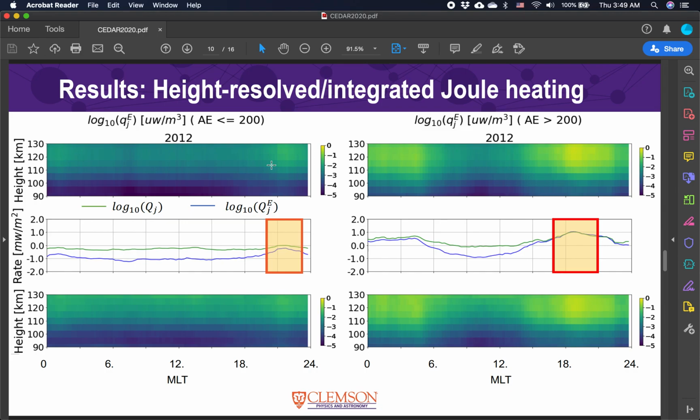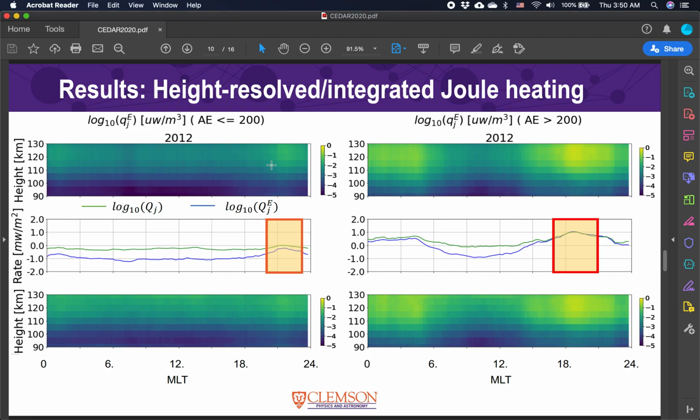Then on the right panel, we see that during the daytime, the local and total Joule heating are still very weak, but in the evening and the post-midnight sector, these two terms, the local and total Joule heating, both increased a lot, and we see that the local Joule heating could be close to the total Joule heating, in almost the same range, in the evening sector.